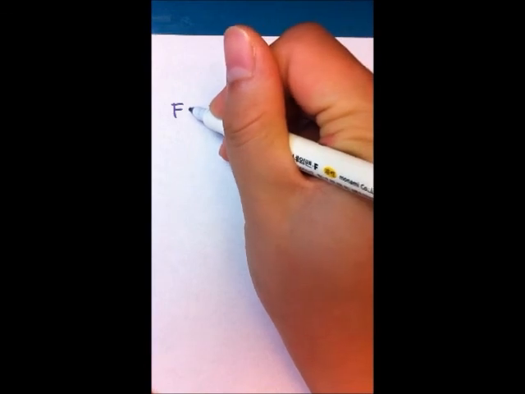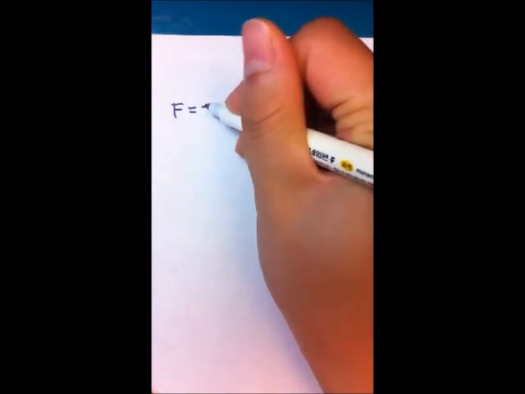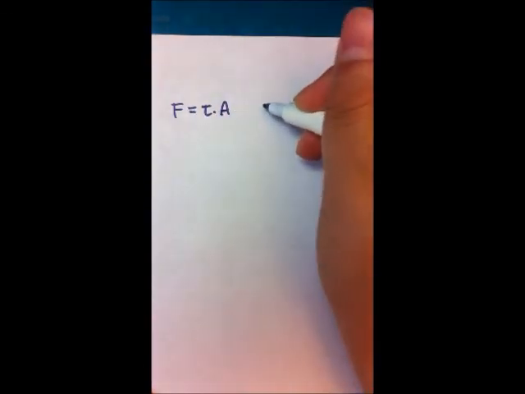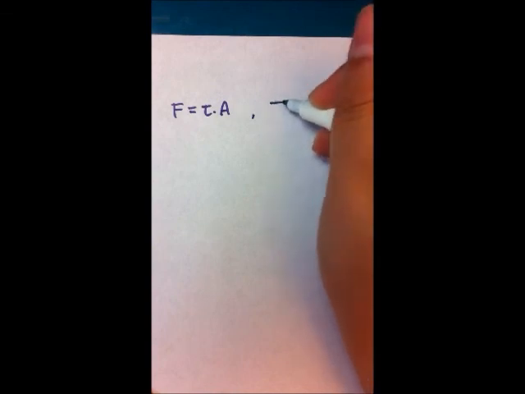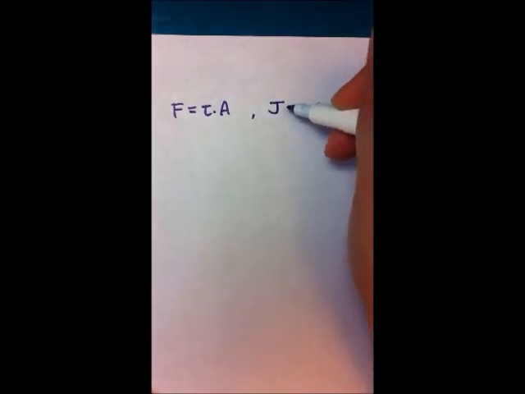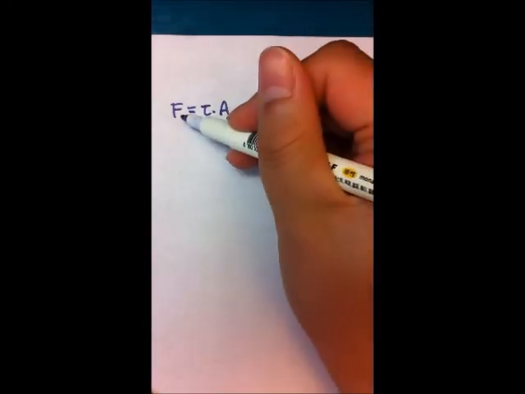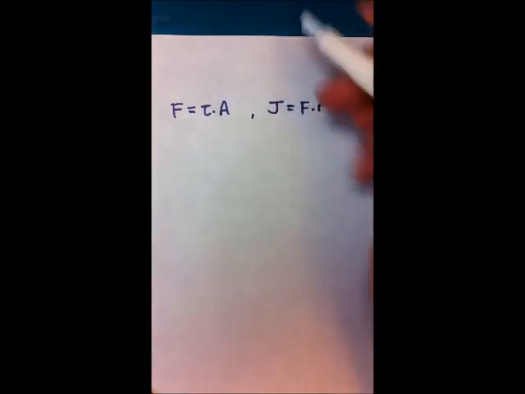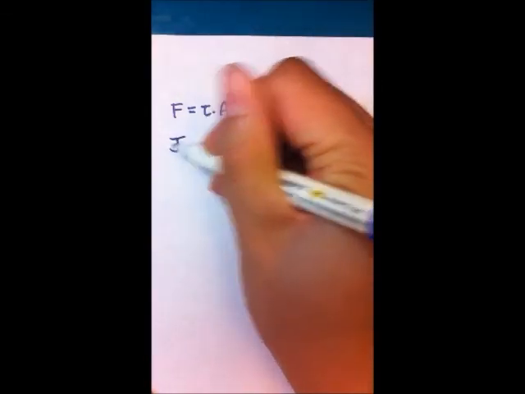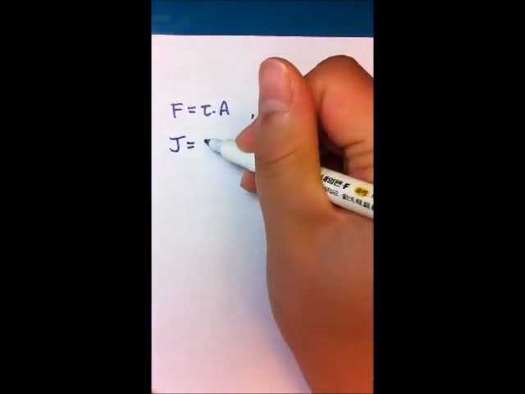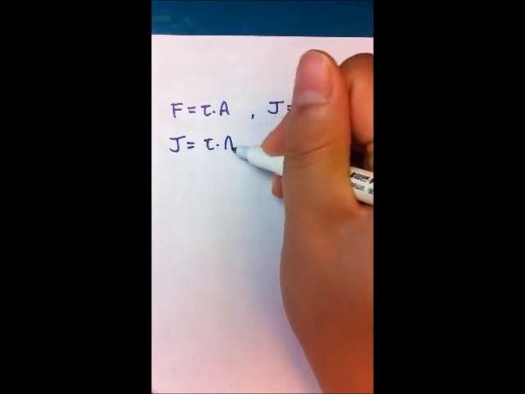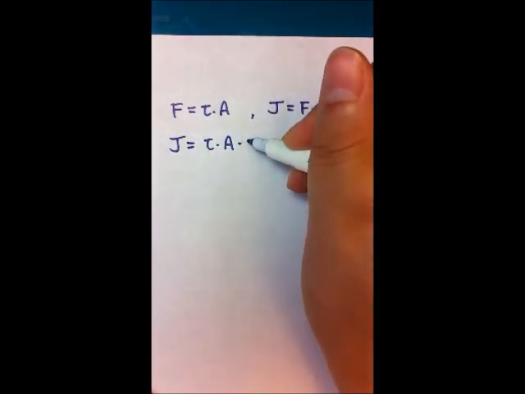Okay, next we're going to do some calculations. So force F is equal to tau times area, and torque T is equal to force times radius. So if you plug this force into this equation, you're going to get the torque is tau times area times radius.